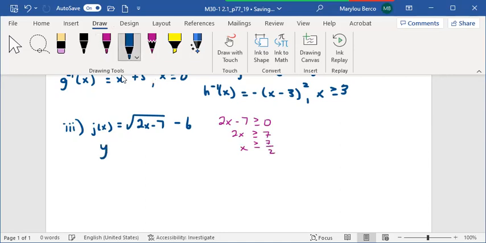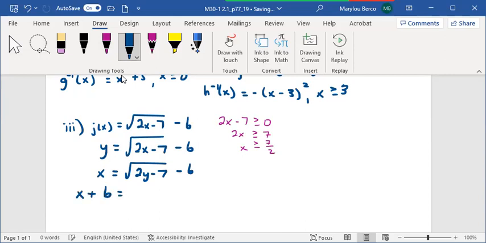So to find the inverse, we first rewrite the equation in terms of x and y, and we interchange the x and y variables. So simplifying in terms of y, we get x + 6 = √(2y - 7).